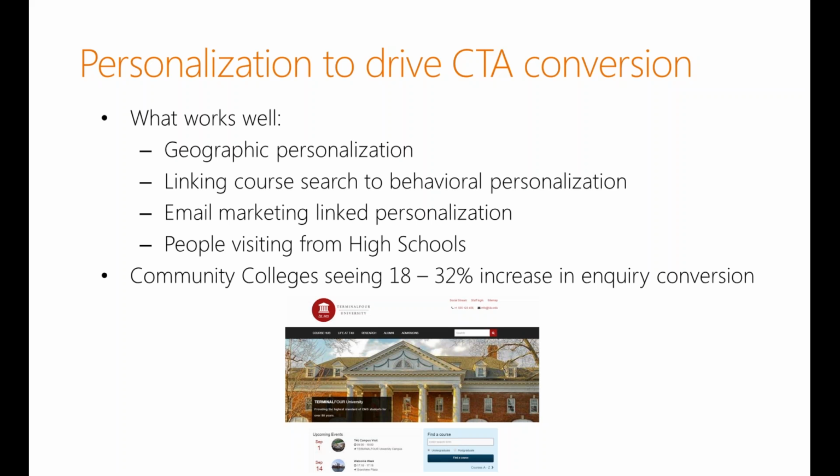So this is something that you could do to target particular high schools. As I said, we're seeing great conversion metrics around this sort of area, because I think a lot of community colleges are coming in from a very, very low base. You can get really fantastic improvements across the board when it comes to all this.